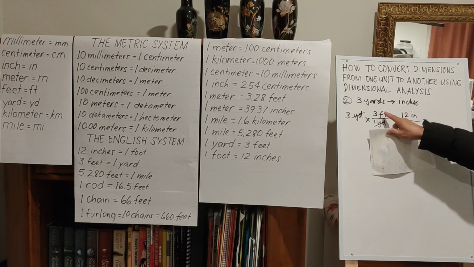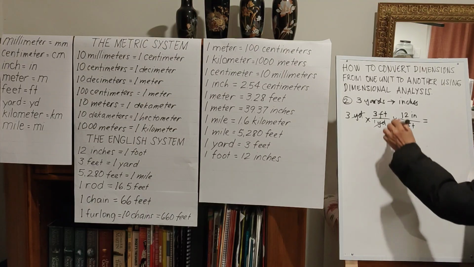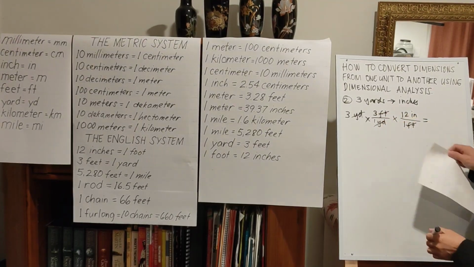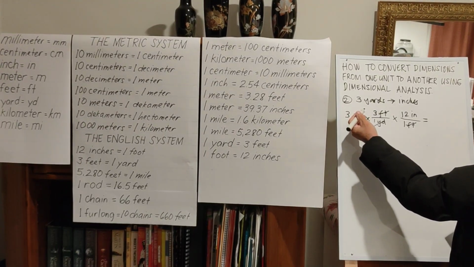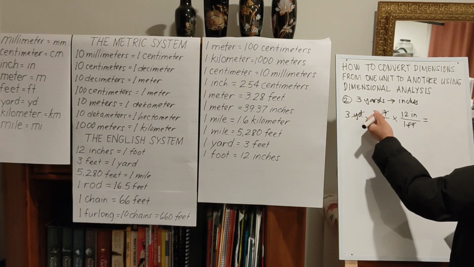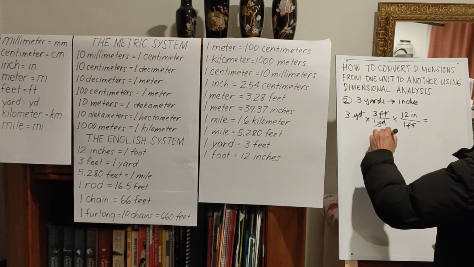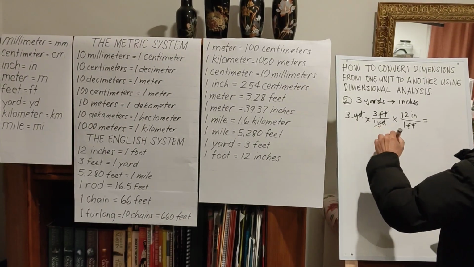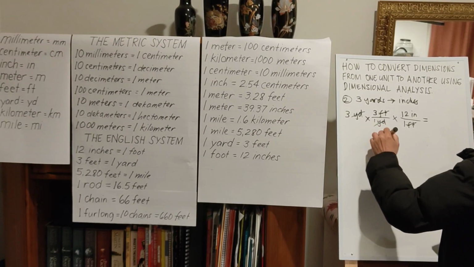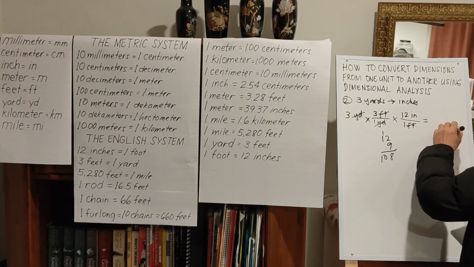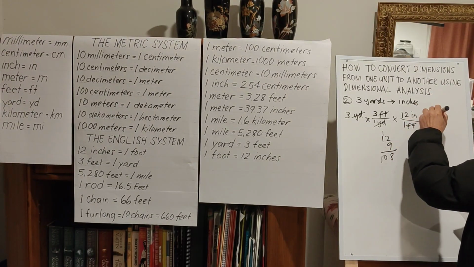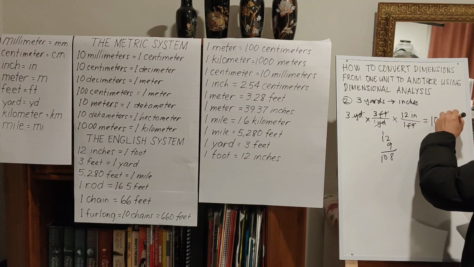So feet and feet will cancel out, leaving us only with inches. If we multiply this, 3 times 3, 9, times 12, is 108. We have 108 inches.